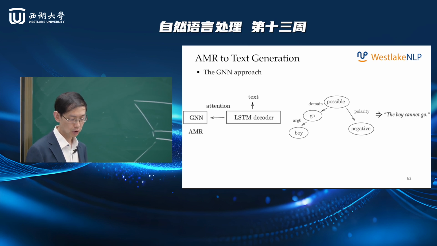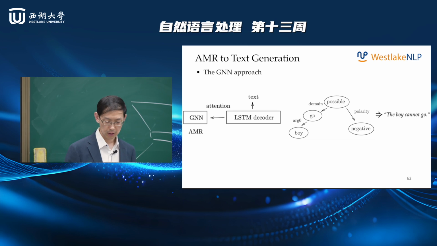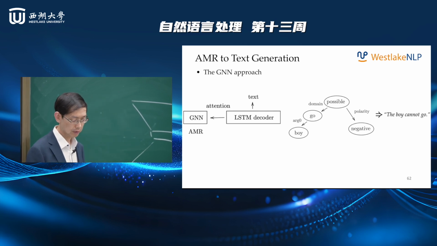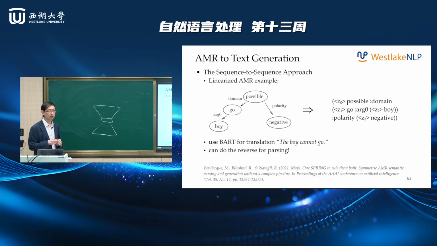Of course, you can also train structured prediction models as generation models by changing structures into sequences. In this example, I showed you an AMR graph. You can sequentialize or serialize the AMR graph into a bracketed structure sequence.